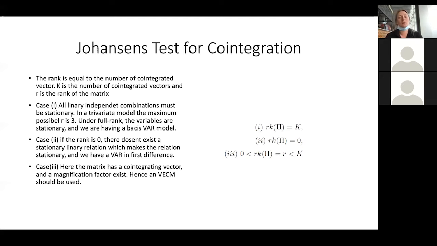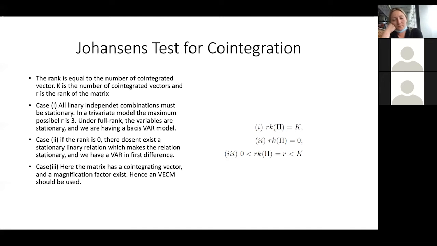In case 1, as we see here, all linear combinations are stationary, so we just have a basic VAR model, and we did not need to do this because it was not non-stationary. And in case 2, there doesn't exist a long-run relationship, so we can just use the first order differences, like we take the first difference if the system is non-stationary. But then we will throw important information away if there exists a cointegrating vector.